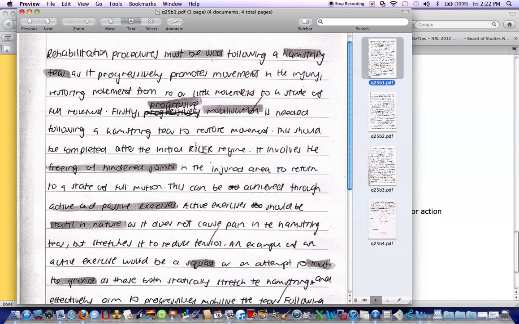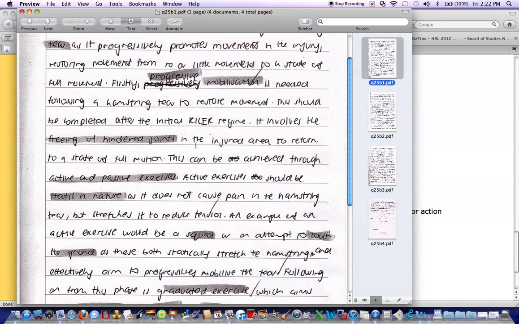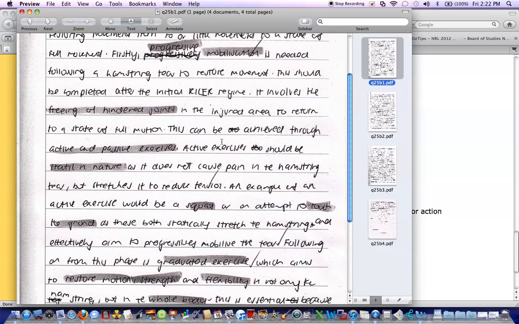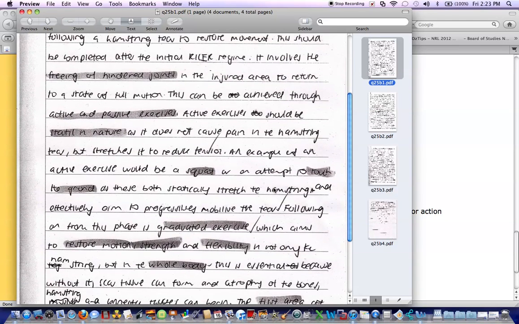It goes through and gives some explanation, says what it's all about, and it relates a little bit further down to the hamstring injury. So it talks about stretches, gives an example to reinforce what we're trying to say, and supports our answer, okay?